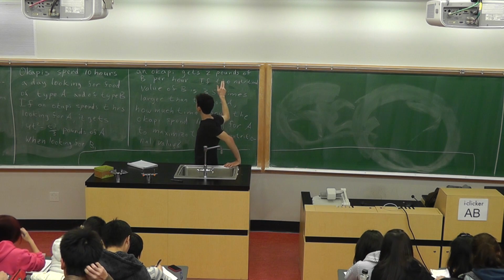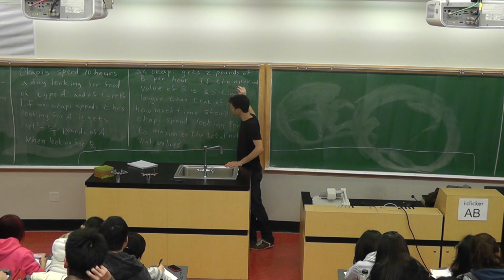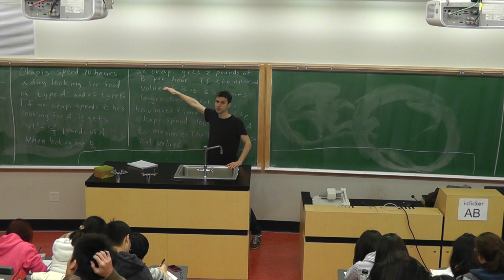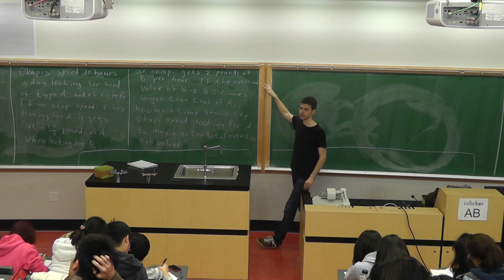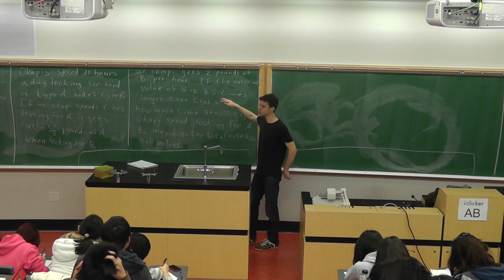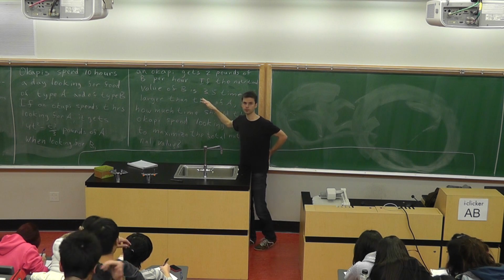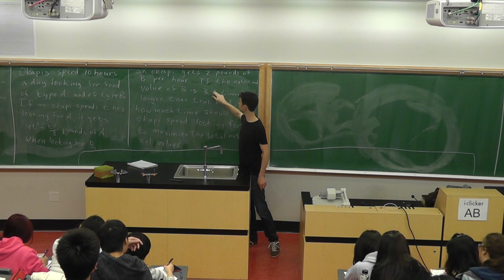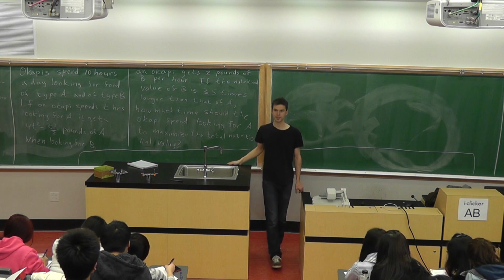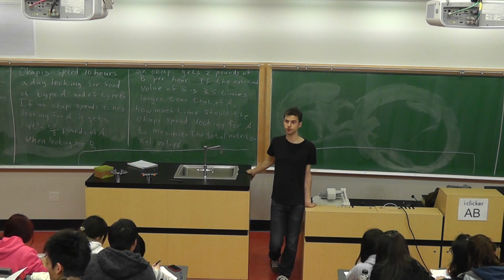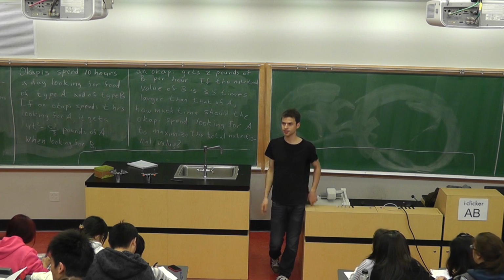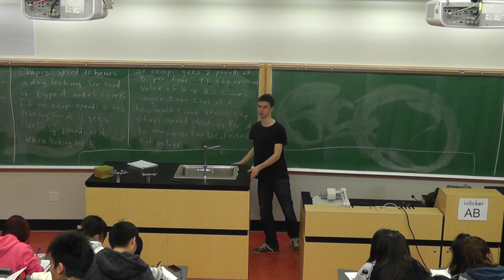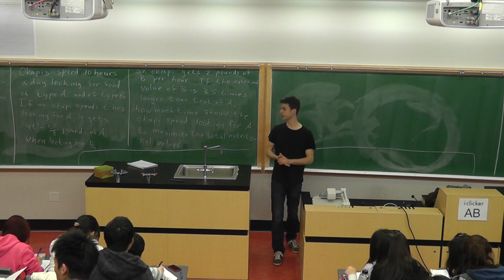For every hour it spends looking for food of type B, it will get 2 pounds of B. It's also known that food of type B is more nutritious than food of type A, 3.5 times more nutritious. And the question is, what is the best strategy? How would it be able to get the most nutritional value during one day?